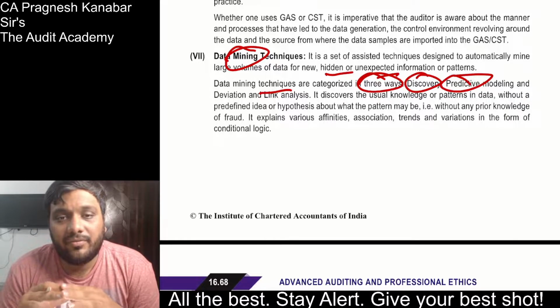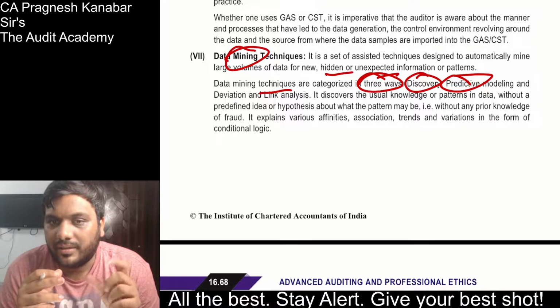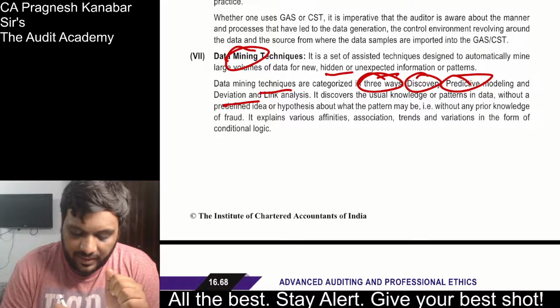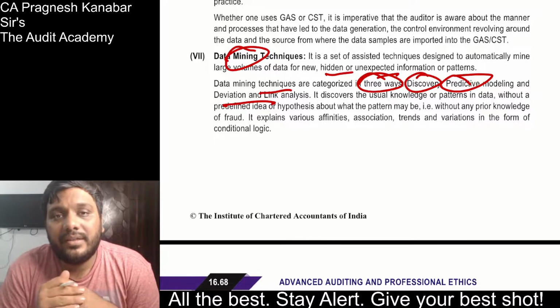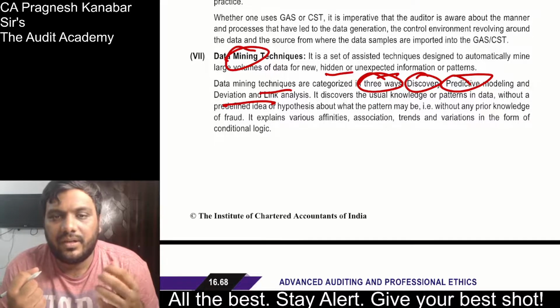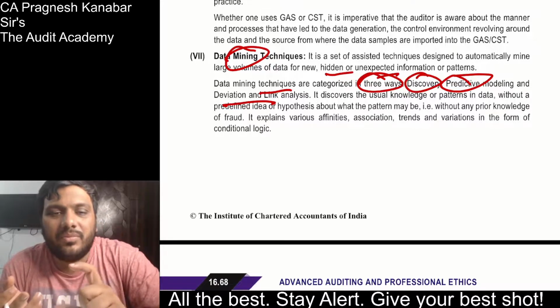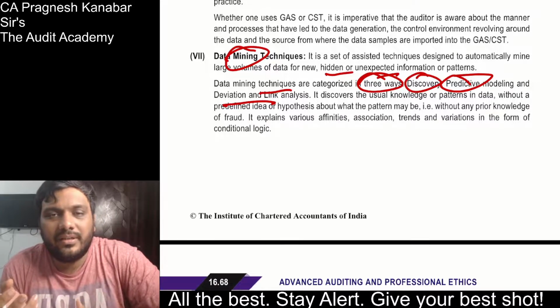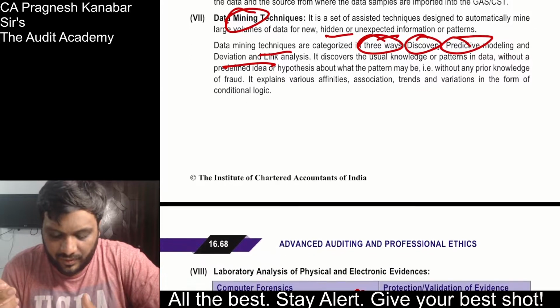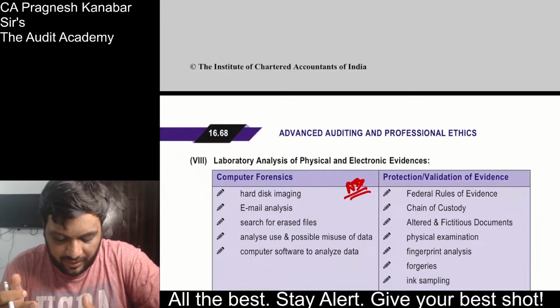Predictive modeling means first predicting where things can go wrong and mining data there. And deviation and link analysis. So predicting and then finding out the deviation, and then link analysis, interlinking the evidence that you have got in the data. All right. So you can explain these words so that you can write some content.